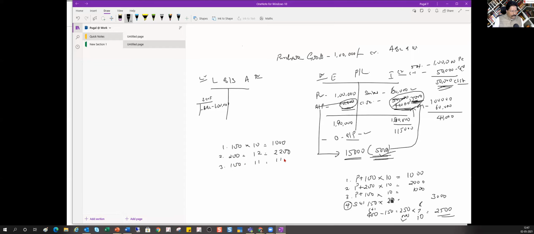Now the big question is, what is the rate that I'm going to apply? Because every time my rate has been changing. So what is the rate that I'm going to apply?